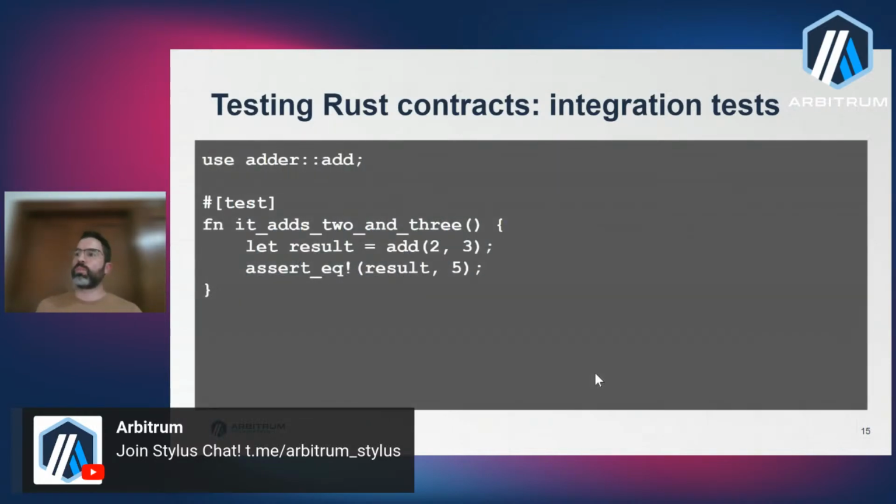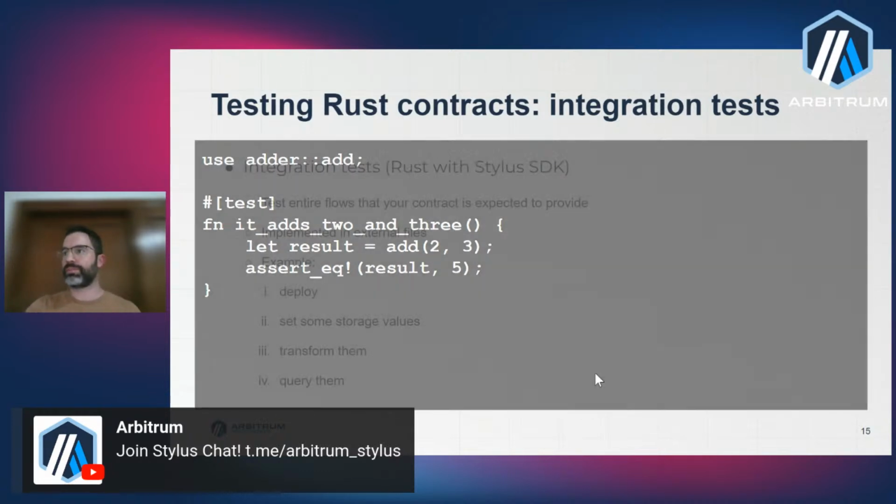All right, so this is one very basic example following what we had before, which was the add function. Okay, so in this case, the code that we see here will be inside a file that's inside the tests folder, okay? And this file will just import the library, our library, and the function add in this case, and then we have just a basic test to verify that we are getting the expected result.